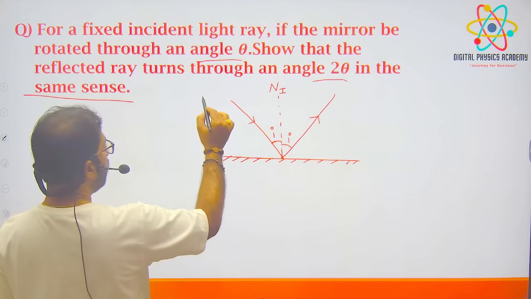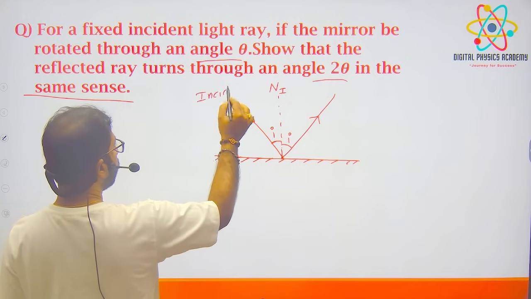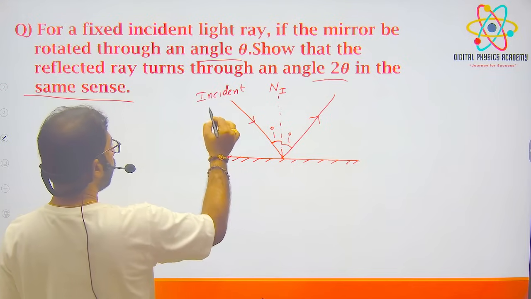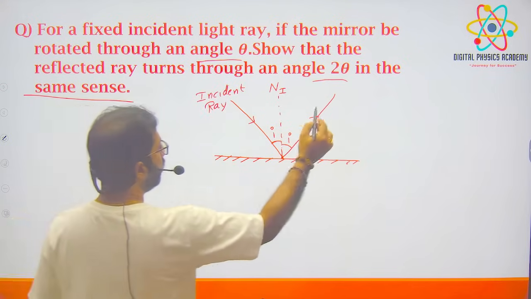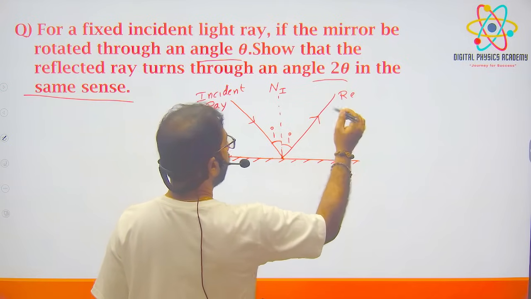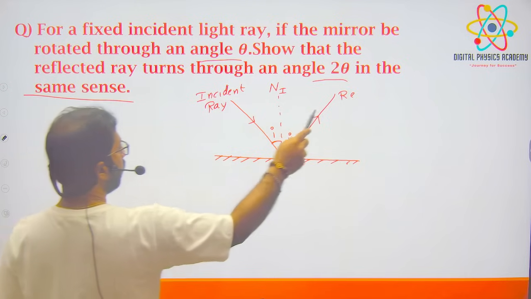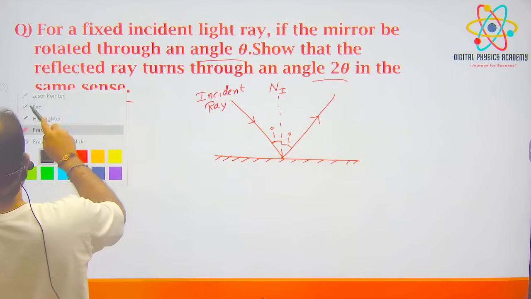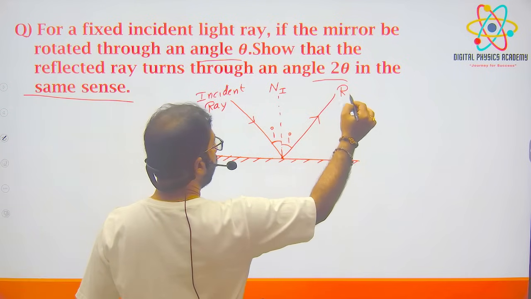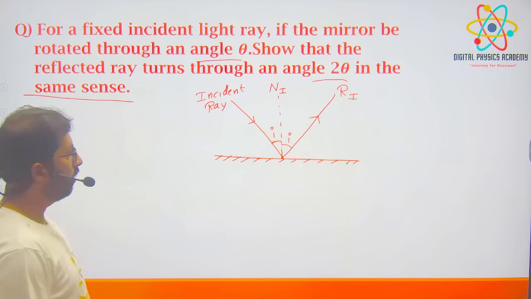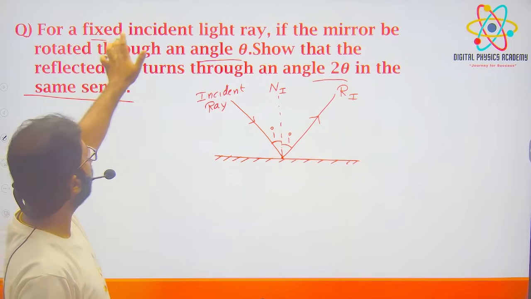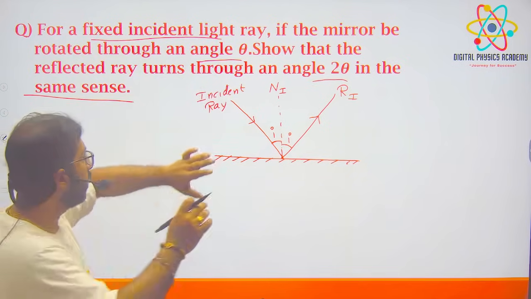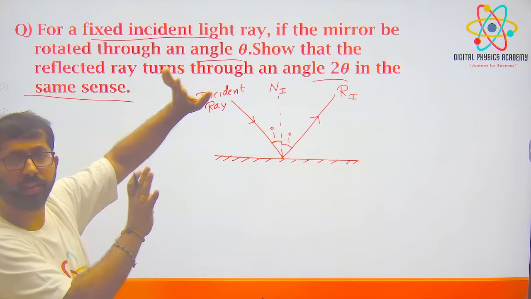So this is the normal in the first case. This is the incident ray and this is the reflected ray, I call it R1. Okay. Now what is it saying? For a fixed incident light ray, the incident light is fixed.